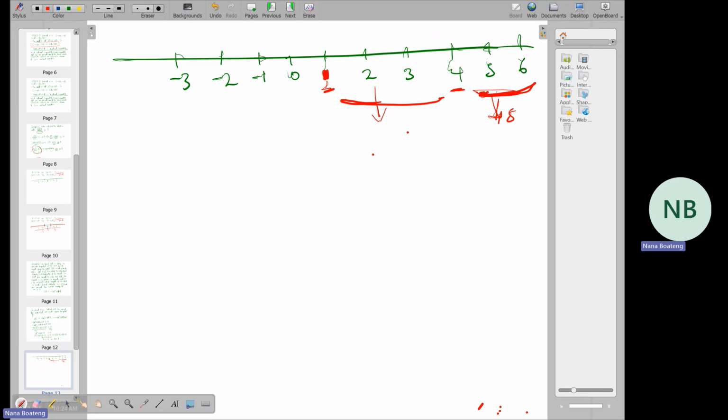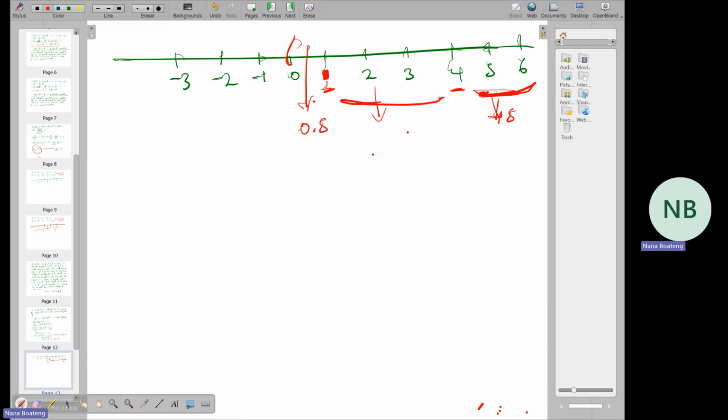And below 1, we can pick a number like 0. Since this is time, between 0 and 1 we can pick a value like 0.5.